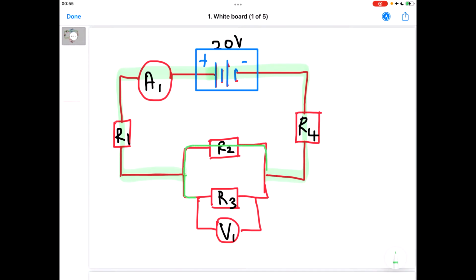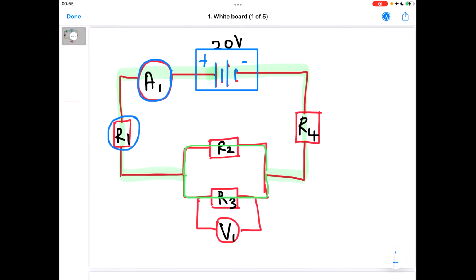So now let's have a very nice discussion, honorable members. Can you see that the current passing through there is passing through a series connection? So it has to be the same current passing through there.